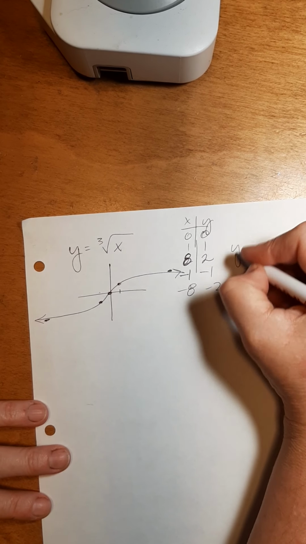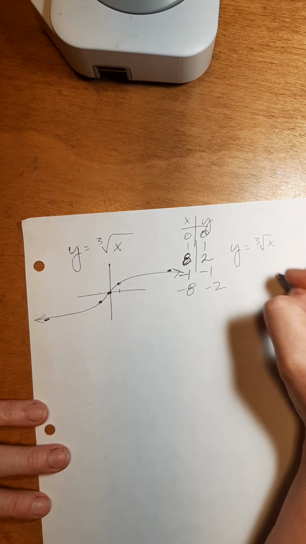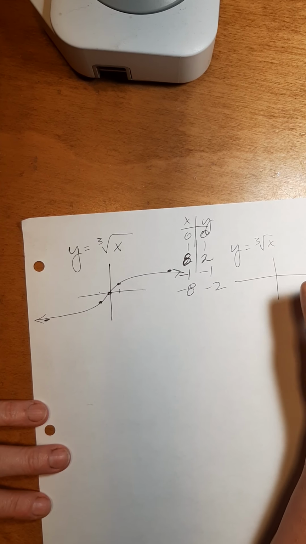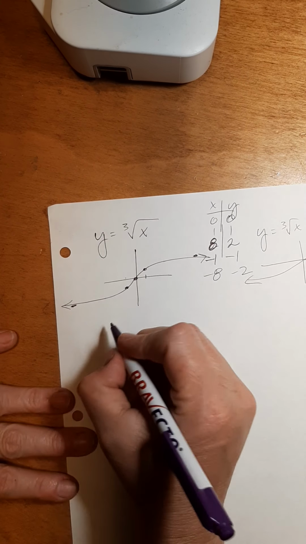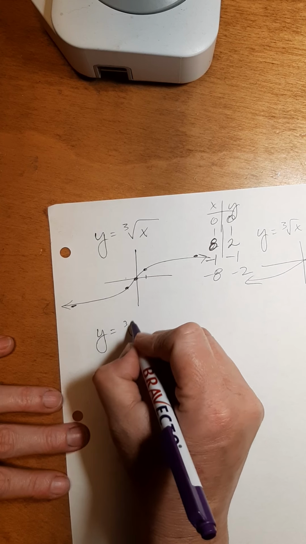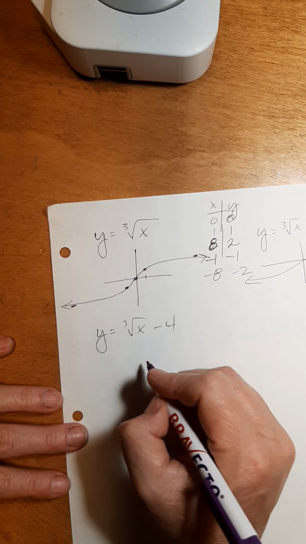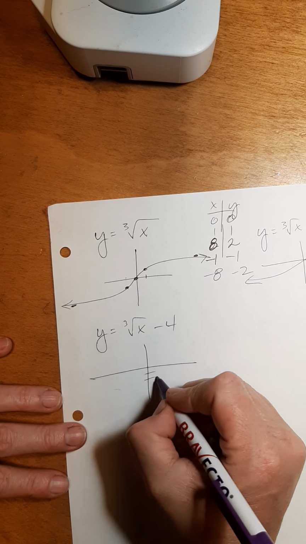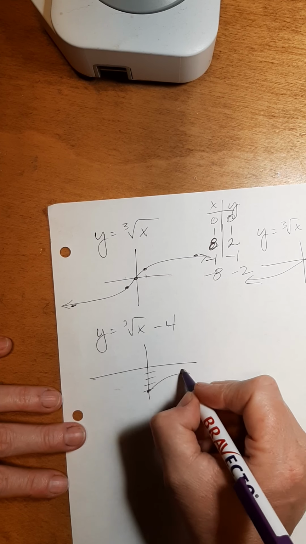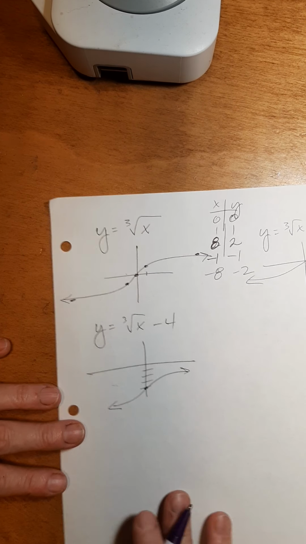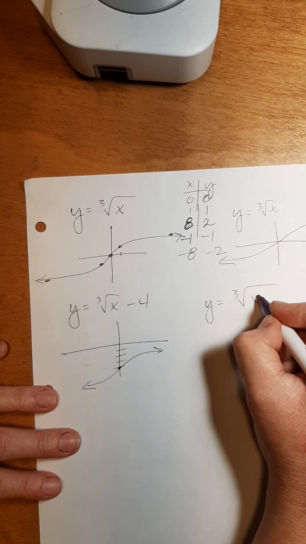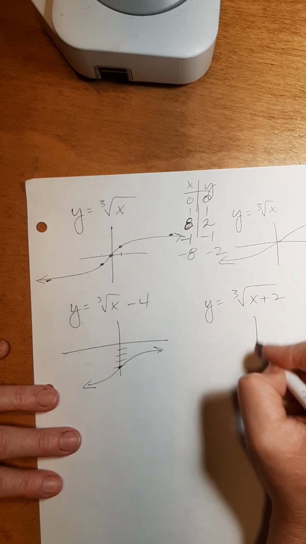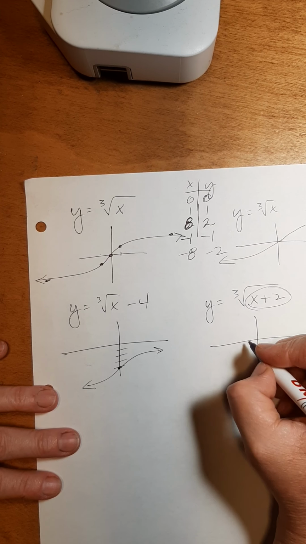So from now on, if you're doing just cube root of x, and for me, you're just doing rough sketches, there you go. So if you were doing cube root of x minus 4, at the origin, you'd go over 4 and do swoop, swoop. If you were doing cube root of x plus 2, what makes this 0?